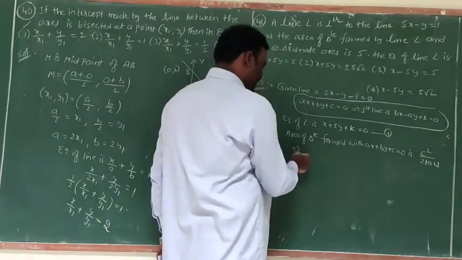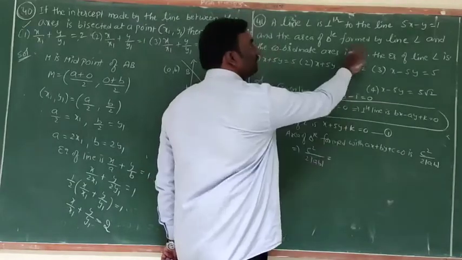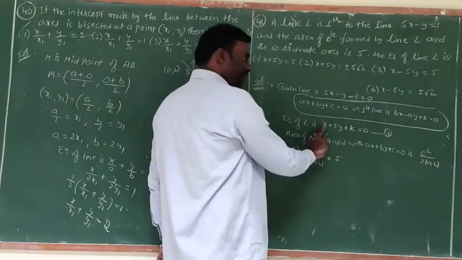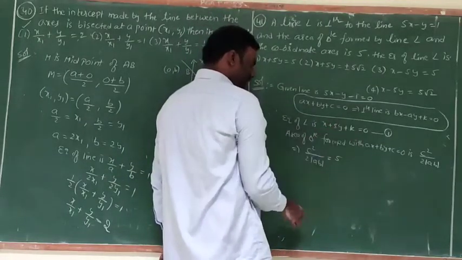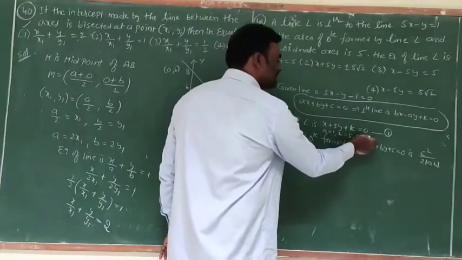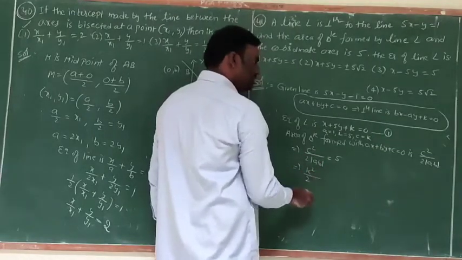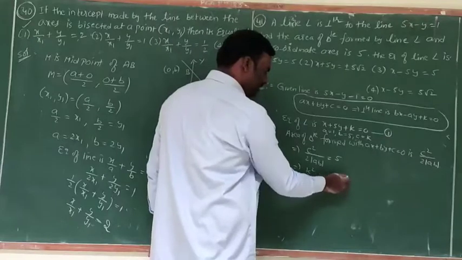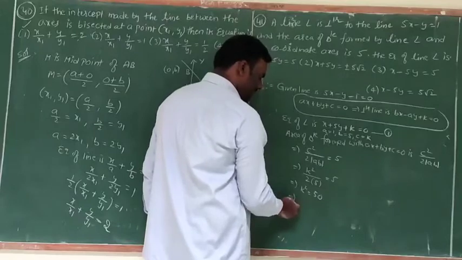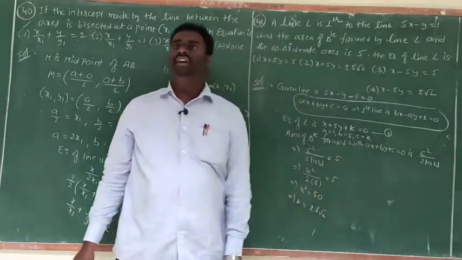Area is given 5. Here a is 1, b is 5, c is k. Then substitute: c square by 2 into AB equals 5. Then k square equals 50. k equals plus or minus root 50, that is nothing but 5 root 2.